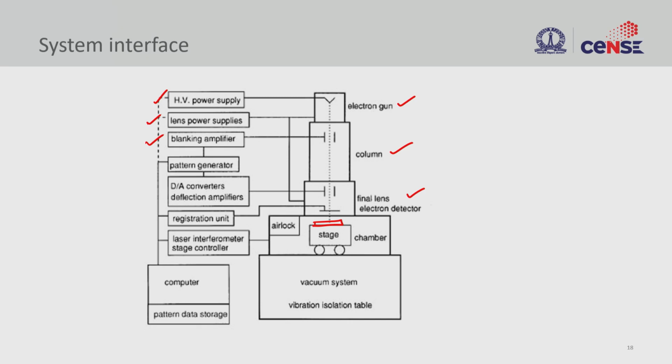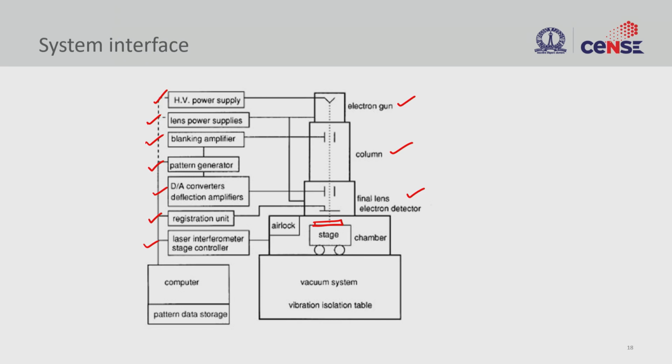So the pattern generator, this is very important, is going to tell the system where to write and where not to write, and that requires a digital to analog converter that is fed to the deflection amplifier. So here you have the amplifier that is going to tell the pattern deflector where and how much to deflect, and the register is for location specific writing, and the laser interferometric stage is to keep the stage constant.